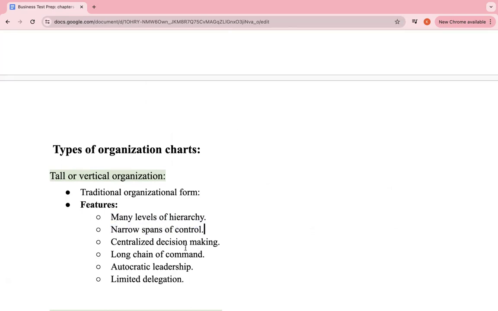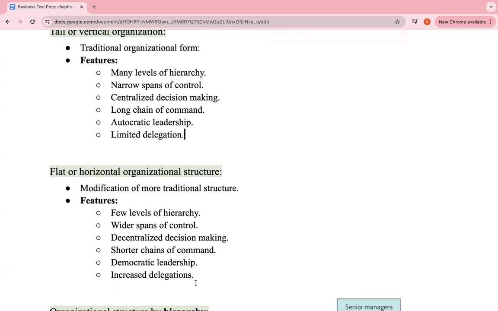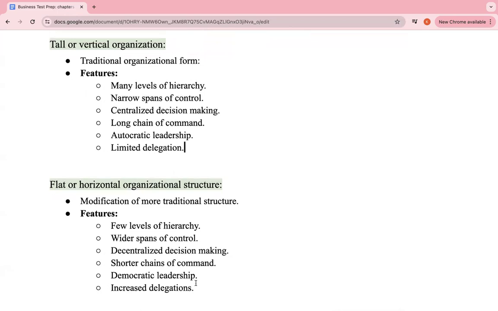And centralized decision making, which is when those who make the decision are in the central office, and then the decision is implemented outside the central office. Long chain of command, autocratic leadership, meaning that employees and lower level managers have less power and are not consulted, and limited delegation.